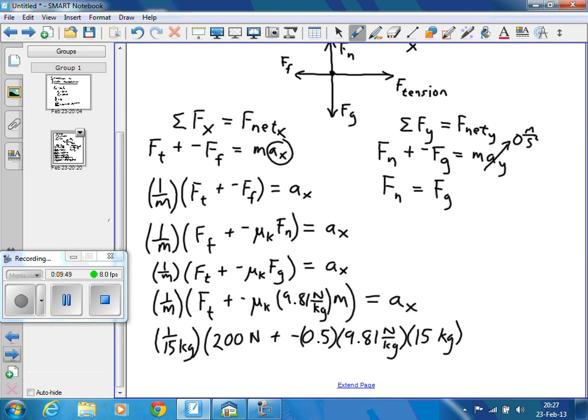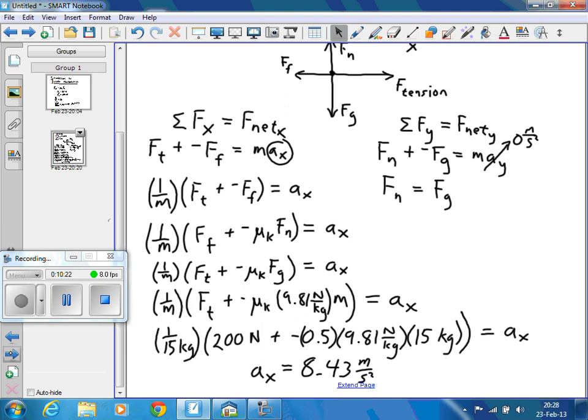And when I plug all of that into my calculator at once, I end up with the acceleration in the x direction is equal to 8.43 meters per second squared. One step, I solved the entire equation. And if that were all I needed, I'd be done at this point.